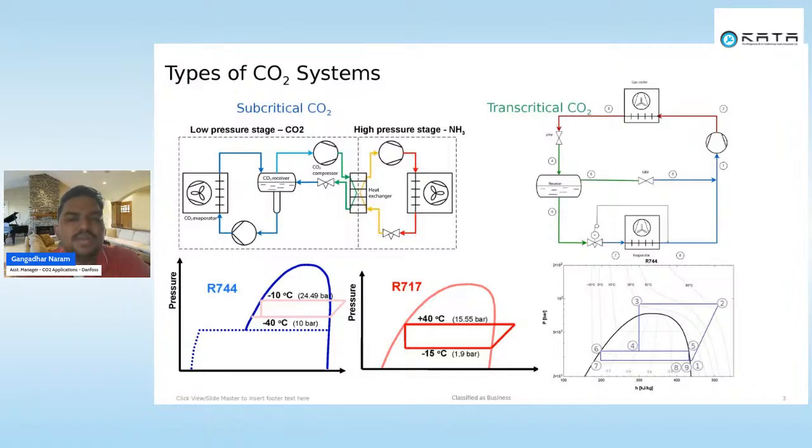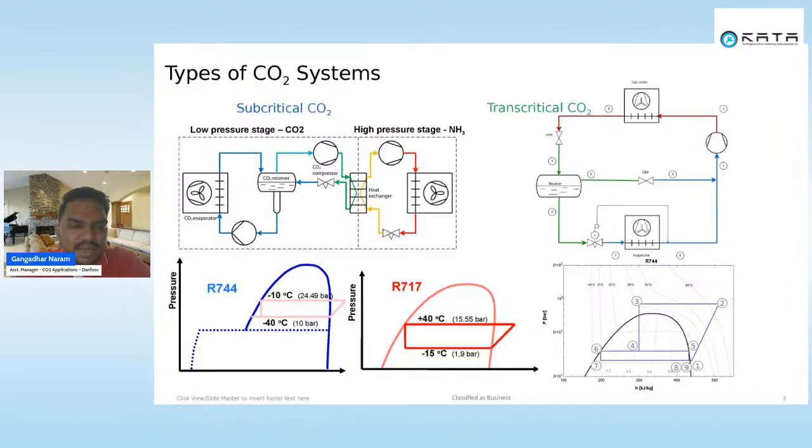At minus 10 degrees centigrade, CO2 will condense, and on the other side, if I take ammonia as the high side, the ammonia will be operating at minus 15 degrees centigrade. At minus 15, ammonia will take all the load from CO2, the ammonia refrigerant will evaporate and go to the ammonia compressor. That ammonia compressor will reject the heat to my air cooled condenser or water cooled evaporative condenser.